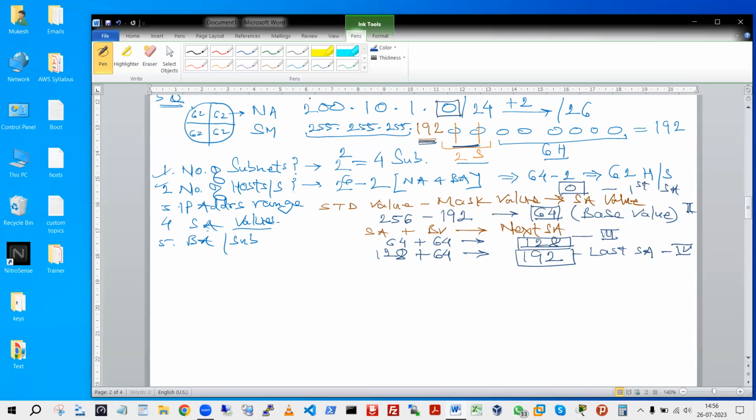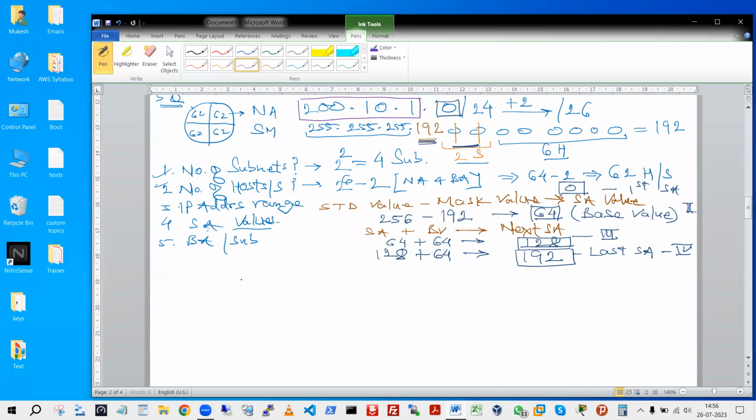Remember, the first 3 octets are going to remain the same. Don't make any changes there. यहाँ अगर आपने कुछ भी चेंज कर दिया तो नेटवर्क बदल जाएगा, क्योंकि ये नेटवर्क पार्ट है. If you make any changes here, it means you're changing the network. And here we are not changing the network, rather we're dividing the network. So my first three octets are all going to remain the same.